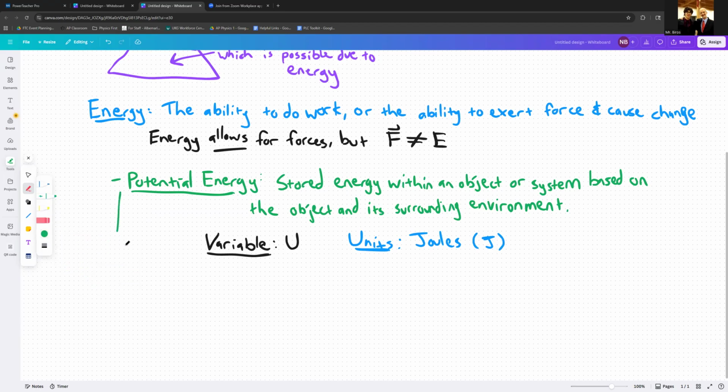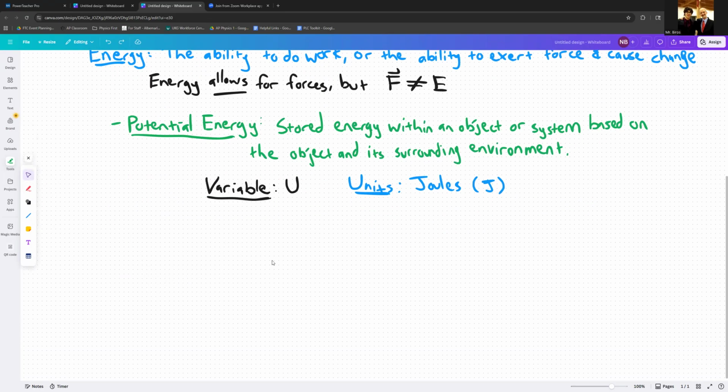One of those is potential gravitational. So there can be stored energy within a system based on the height above the ground. We'll get to that first.